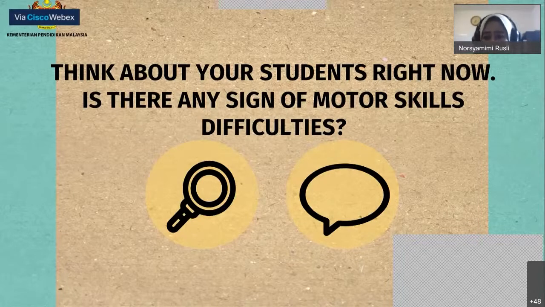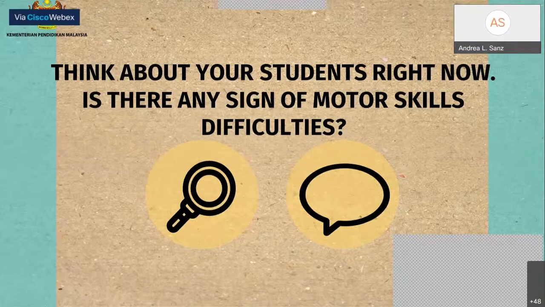So yes, I do agree that children with sensory issues also have a lot of motor skills problems. Are there any other examples of motor skills difficulties that you find in your students? May I share my experience?